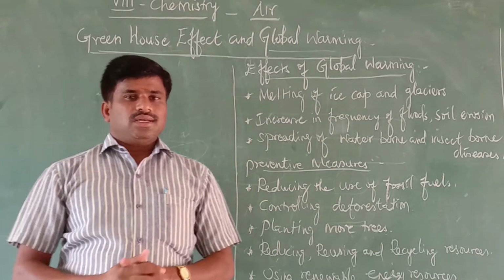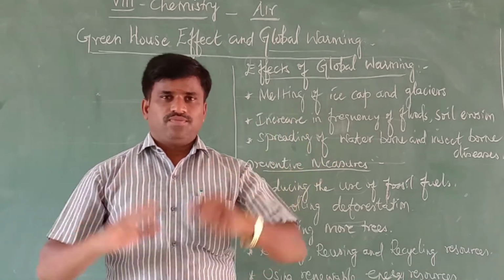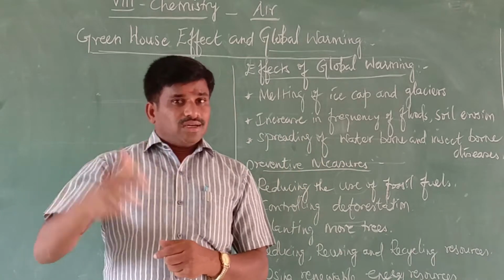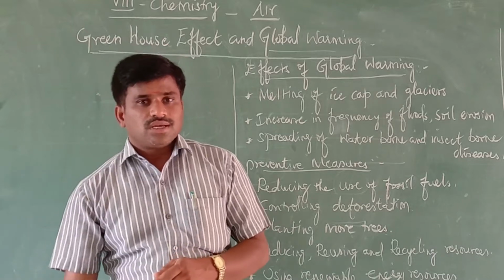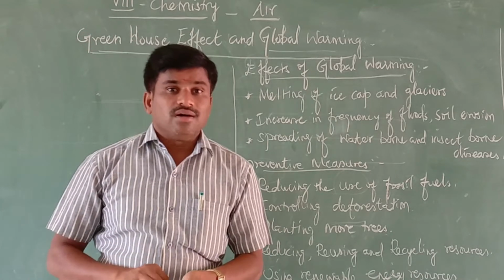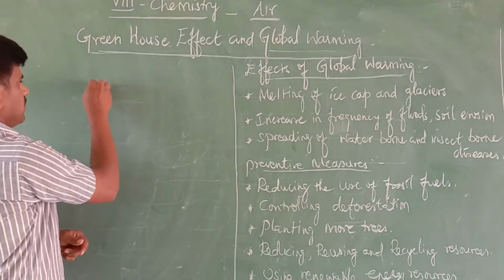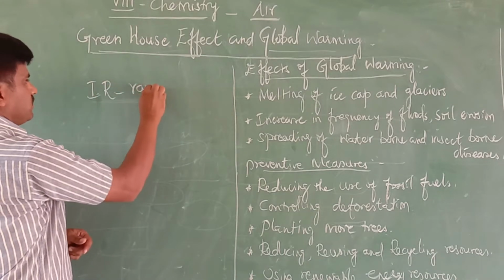Sunlight radiation is absorbed by the land and ocean. In turn, they release infrared rays. What is infrared? It is shortly written as IR rays.